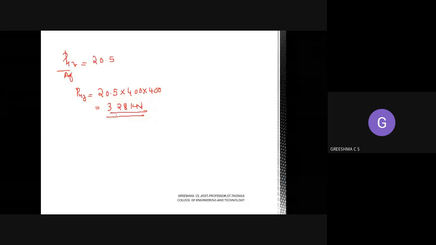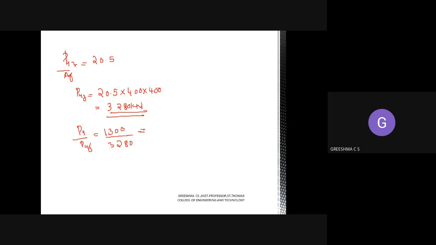So next is the PU divided by PUZ ratio. How much is PU divided by PUZ ratio? PU is 1300 divided by PUZ. How much is PUZ? 3280 it will come, right? 3280 kilonewton.